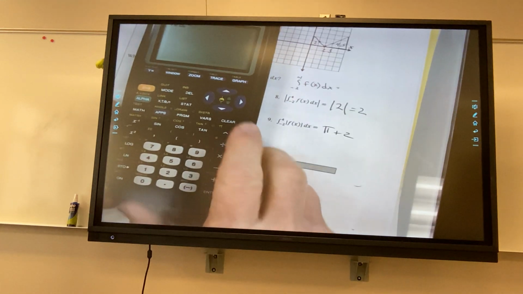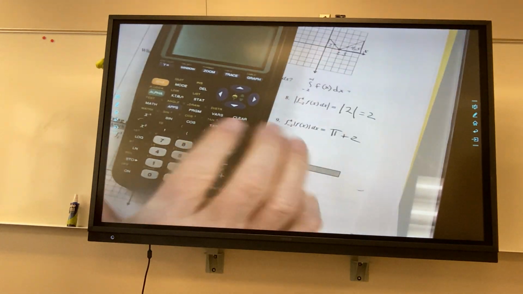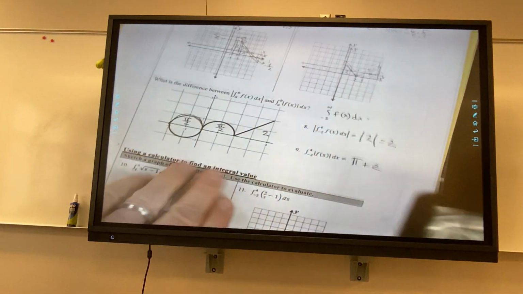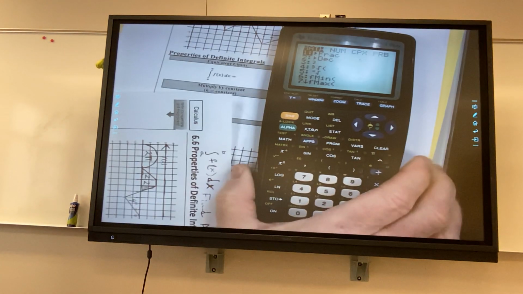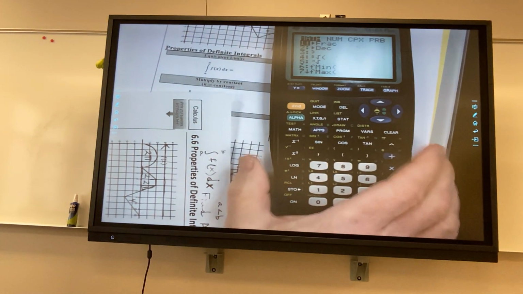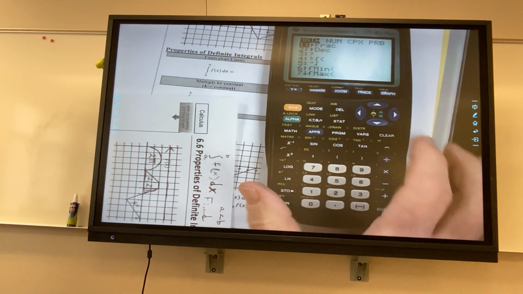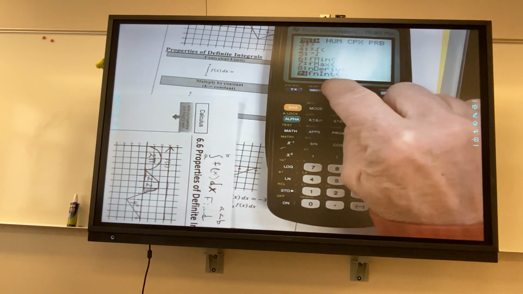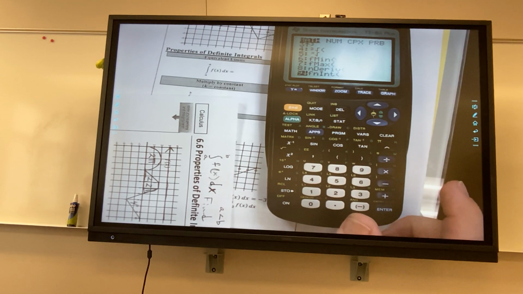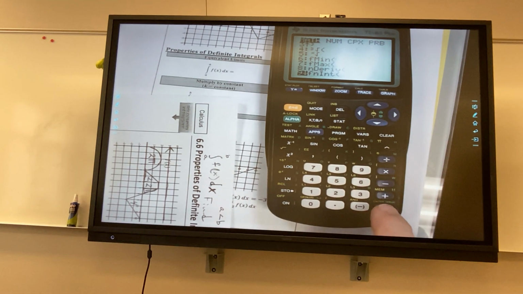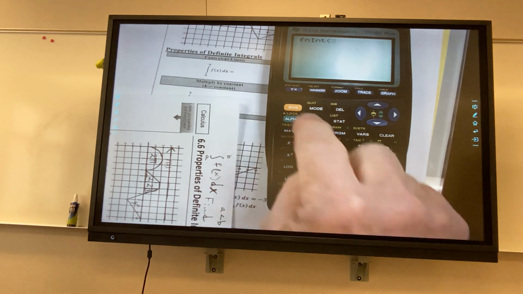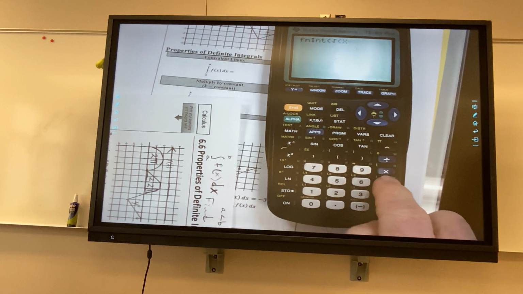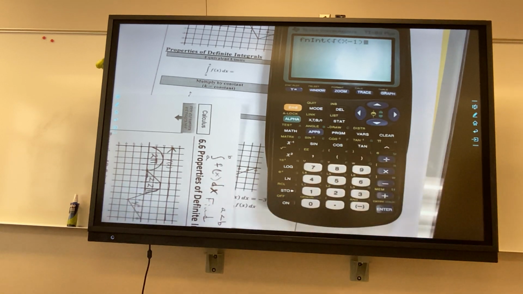So, one of the ways you can do it is you can go to math. So this is for TI, not Casio. Yeah, I'm going to show you on a Casio. Okay, I'm going to come down here, and this was your derivative, this is your integral. INT means function integral. So I'm going to choose that. I'm going to put in my function, which is the square root of x minus 1 in parentheses.